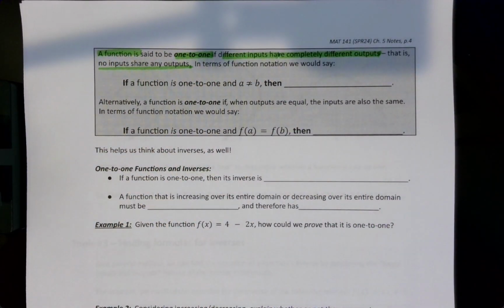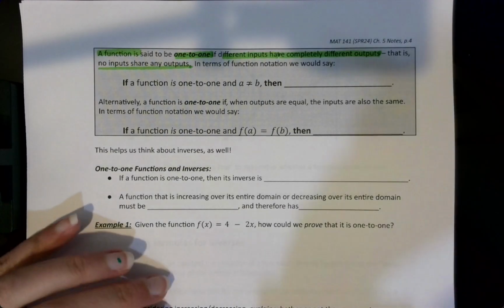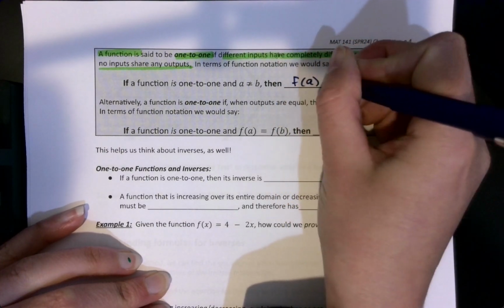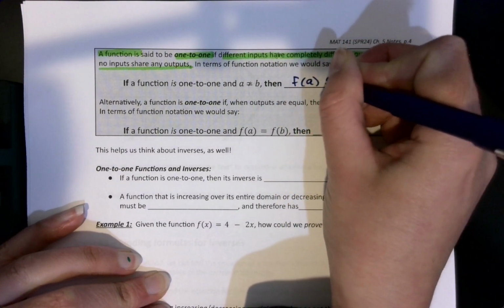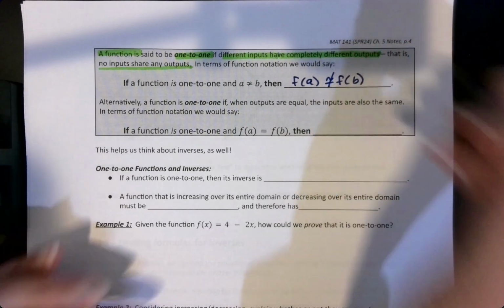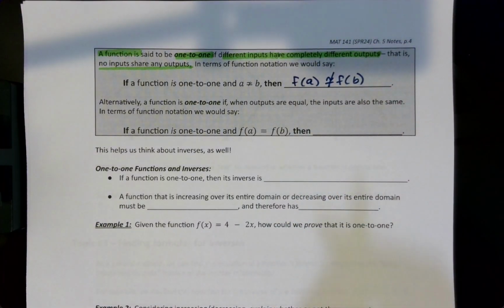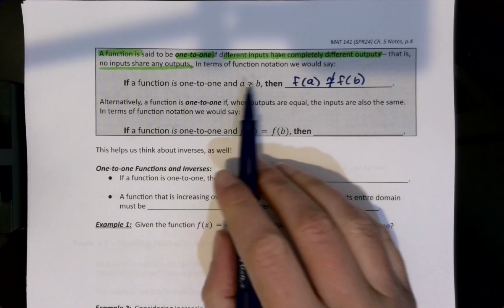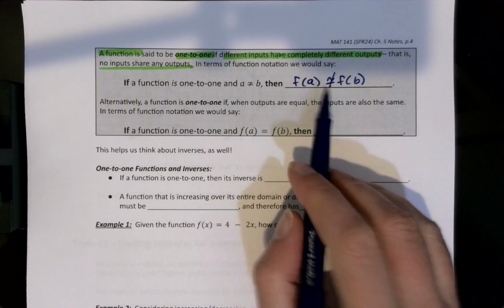In terms of function notation, we would say that if a function is one-to-one and A is not equivalent to B, then f of A is also not equivalent to f of B. So not only do we have to have each input having one unique output, but each separate input cannot share the same output.